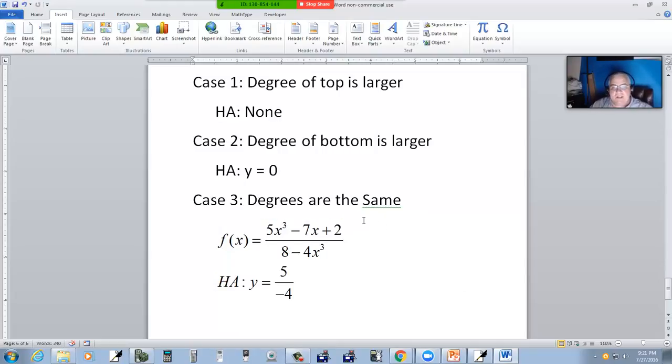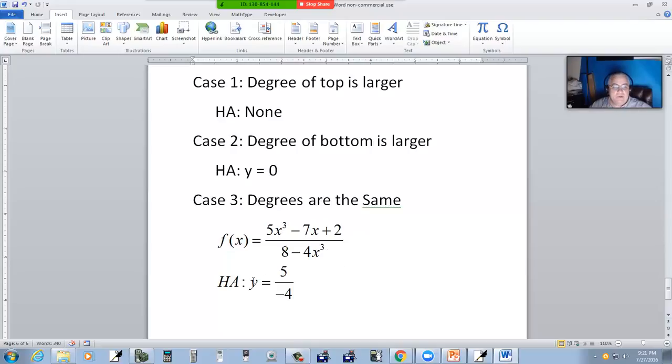When I try to put this into words, it never comes out right. People get lost when I start talking about standard form, leading term, leading coefficient. But see how the degree of the top is 3, degree of the bottom is 3. It's a very simple idea, but put into words makes it complex.